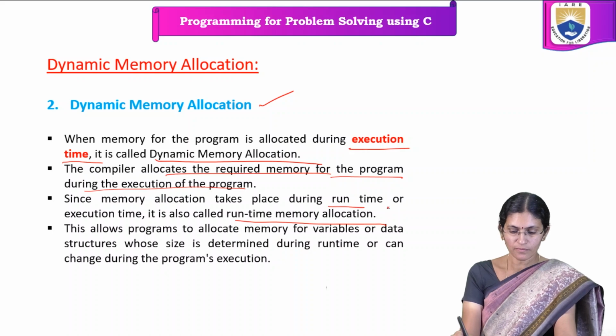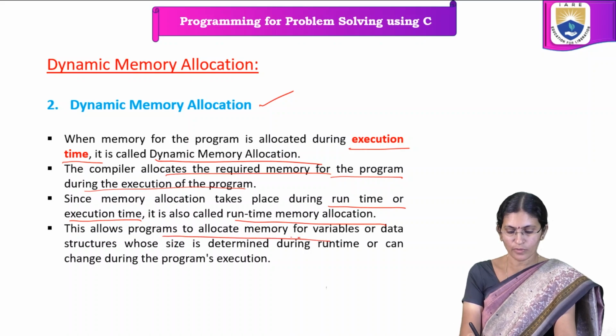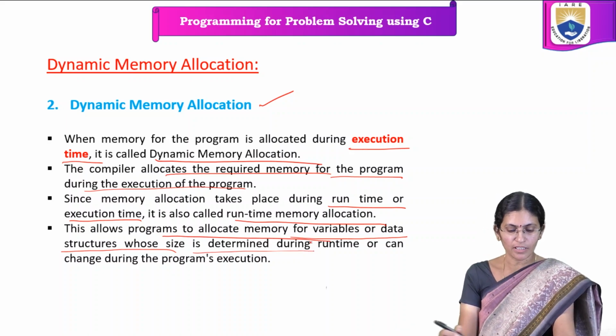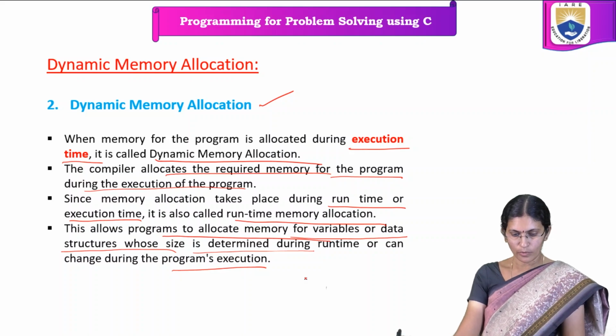This allows programs to allocate memory for variables or data structures whose size is determined during runtime or can change during the program's execution. Because of dynamic memory allocation, memory wastage is avoided.